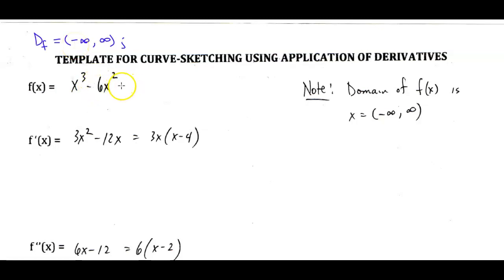If I factor a common factor of x squared out of both terms, x squared times x minus 6, this factored form lets us know that we actually do have some x-intercepts, located at x equals 0 and at x equals 6.